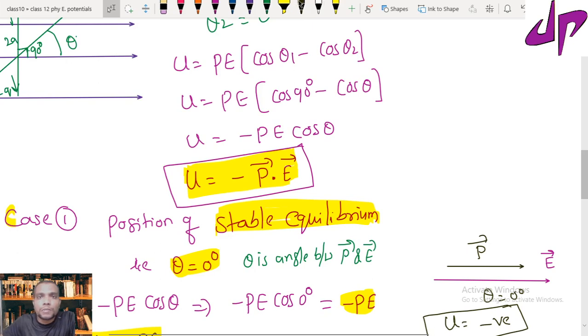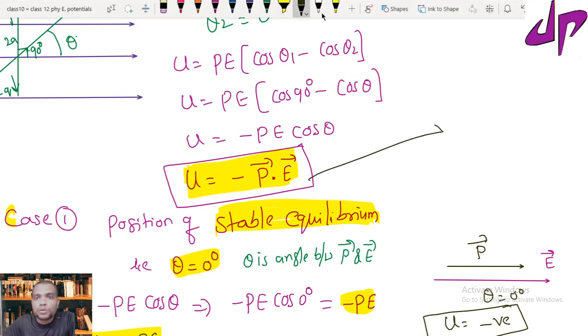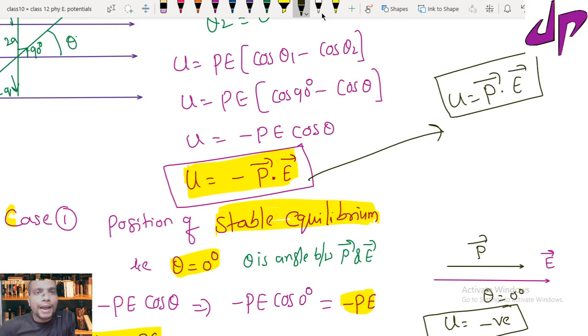So remember this carefully: potential energy U equals P bar dot E bar. The dot product of the dipole moment vector and electric field vector gives the potential energy of an electric dipole in an electric field.